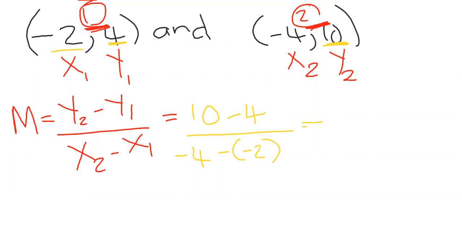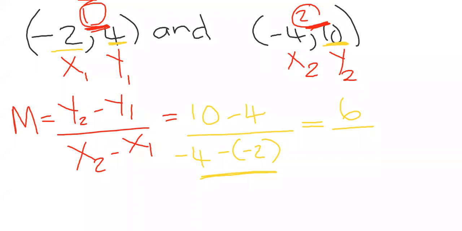Then simplify or solve what you now have. 10 minus 4 gives us 6. Then down here, we now have -4 minus -2.